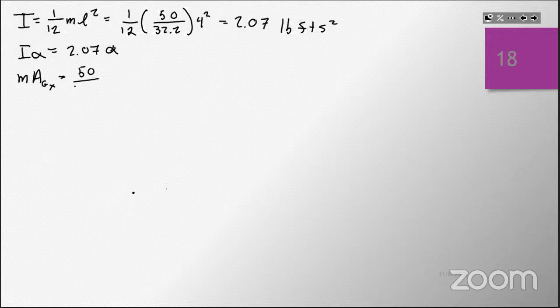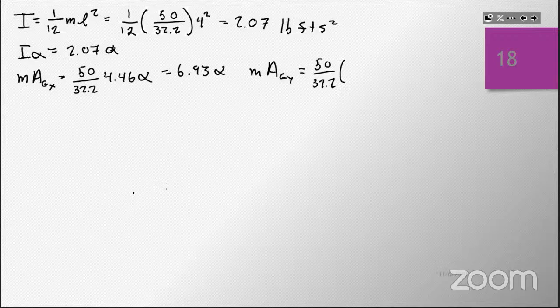So that's 50 over 32.2 times 4.46 alpha, which is 6.93 alpha. And do the same thing in the y direction. That's a G. (2.69 alpha).